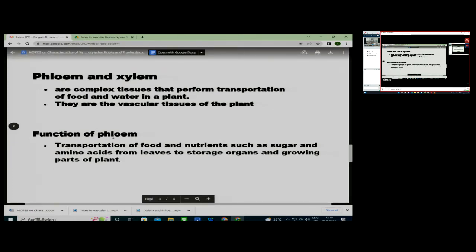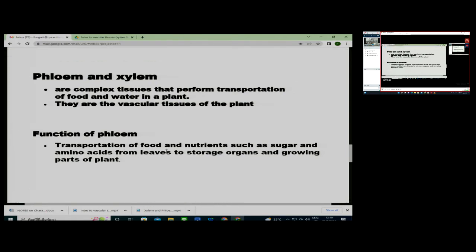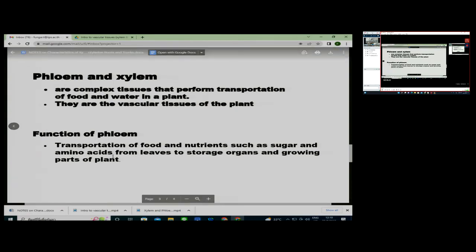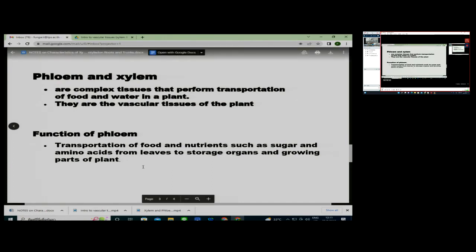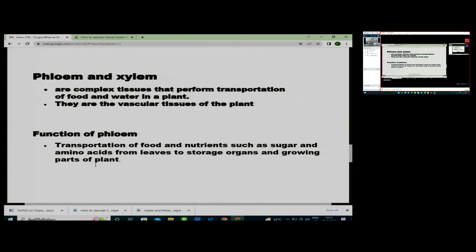Right, what is the function of the phloem? The phloem's function is transportation of food and nutrients such as sugar and amino acids from leaves to storage organs and growing parts of the plant.